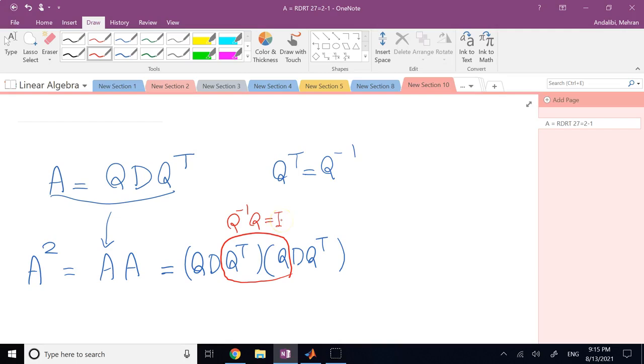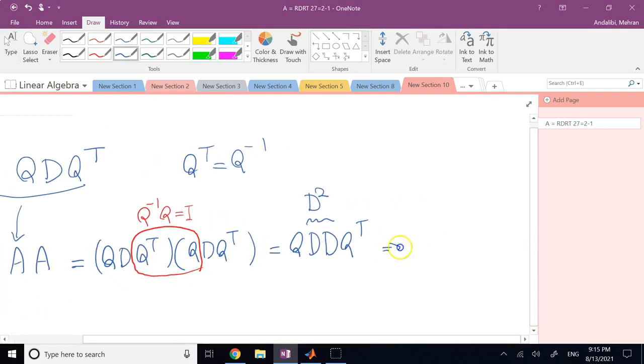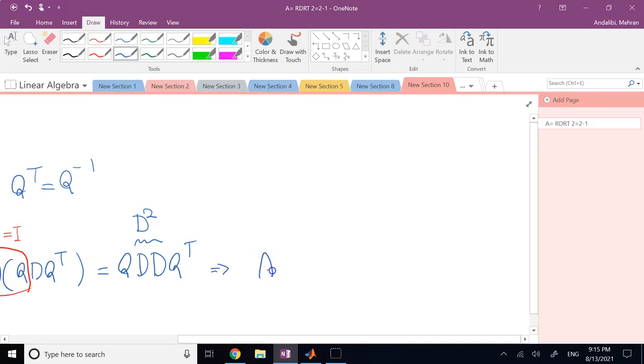I has no effect. So the result of that is going to be Q D times D times Q transpose. And what is D times D? D is a diagonal matrix. You can write it as D squared, of course. So you can write A squared as what?